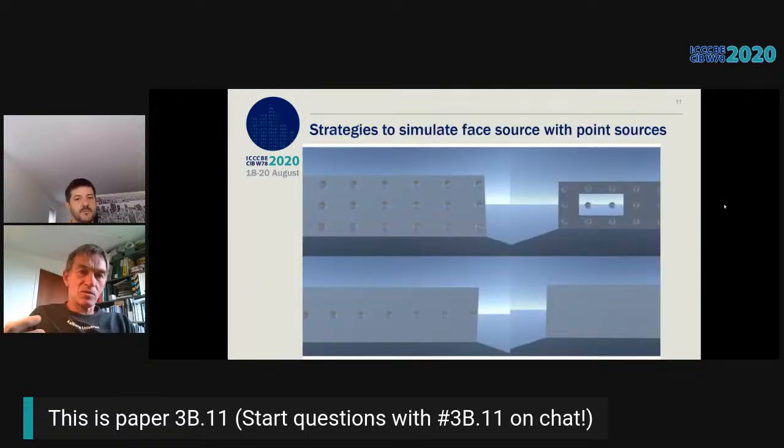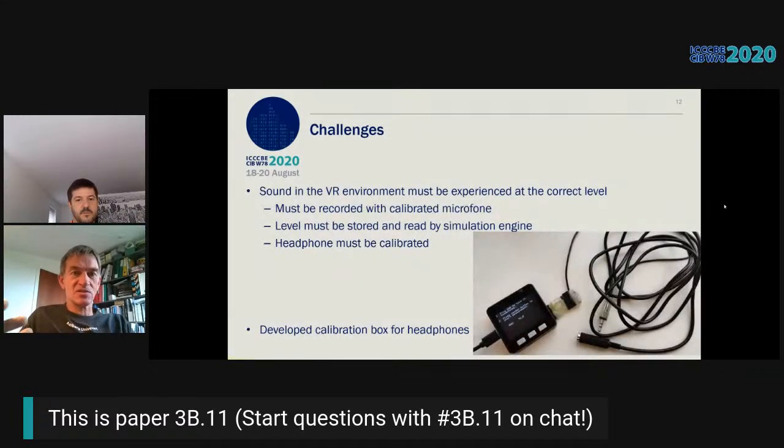So, looking at handling the sound source from an entire surface, we show here how we try to make different locations of several point sources to represent a plane source, so it would be experienced as a plane source in reality.